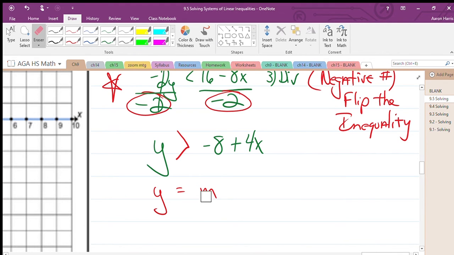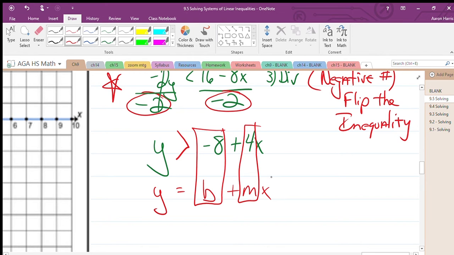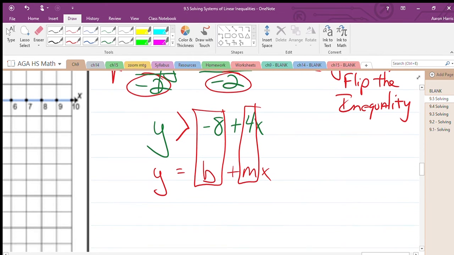I didn't switch the order around with the commutative property. But let's just write this because I want you to get used to this. Y is equal to what? That's b. And then this is plus mx. Okay, so now this is my b, this is my what? M. X lines up, Y lines up, I'm good to go. Just want to make sure that some people don't get confused, so I like switching it up a little bit.